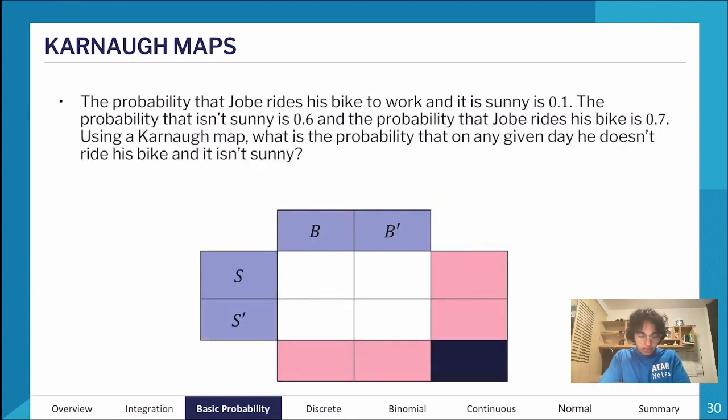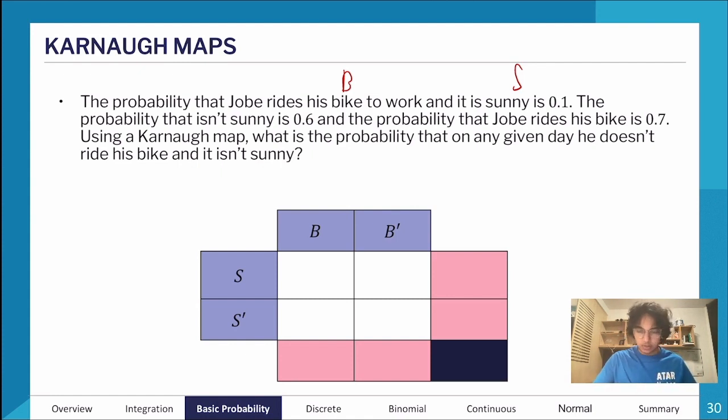The probability that Joe rides his bike to work and it is sunny is 0.1. So we've got 2 events that we can characterize here. One event is that it's sunny. The other event is that Joe rides his bike to work. So I'm going to call that S and B. With probability questions, it's always helped me to highlight and annotate everything, breaking it down from this big slab of text that's really annoying to read into the key pieces of information that you need and not all the random stuff.